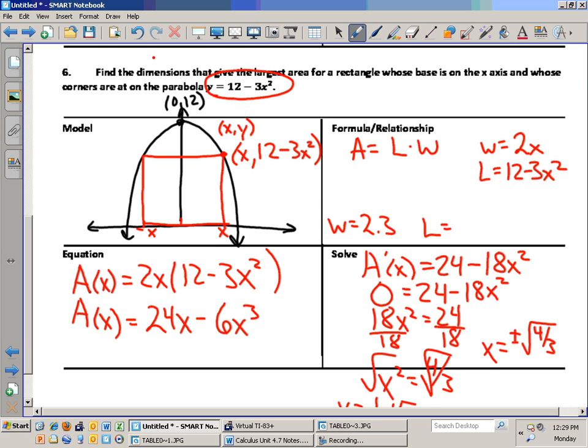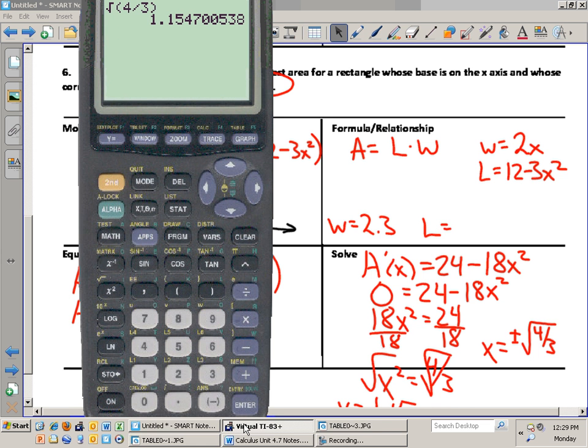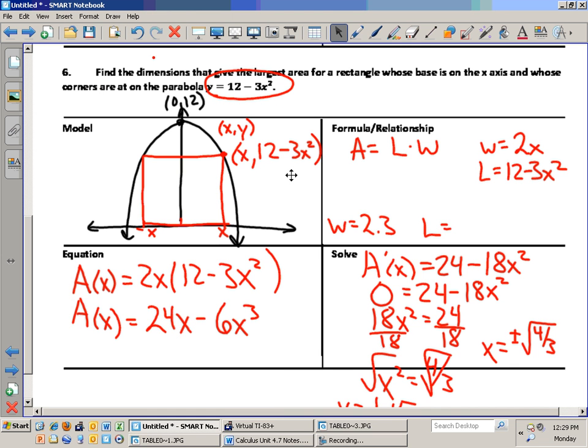What would I do? Plug in 1.15 in for x. 8.03.